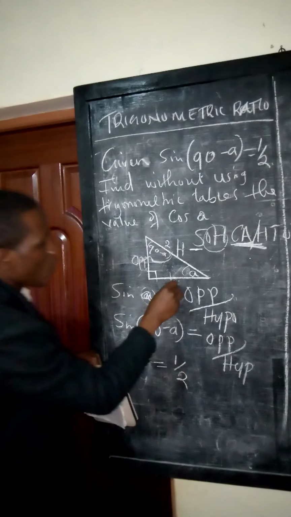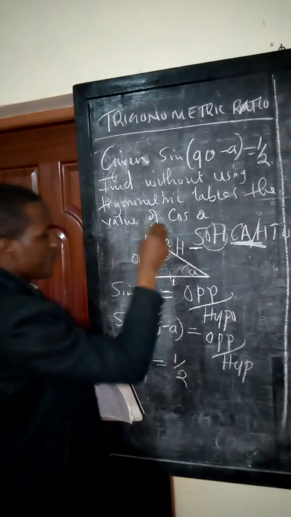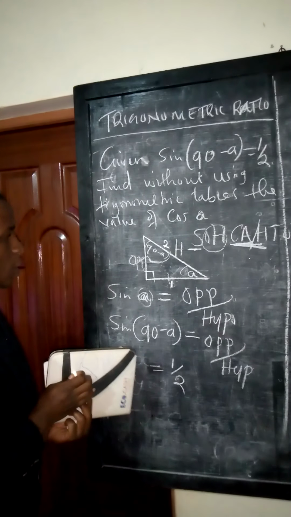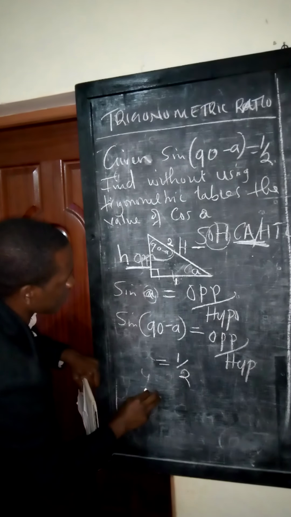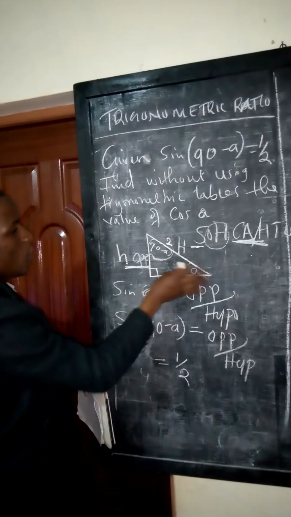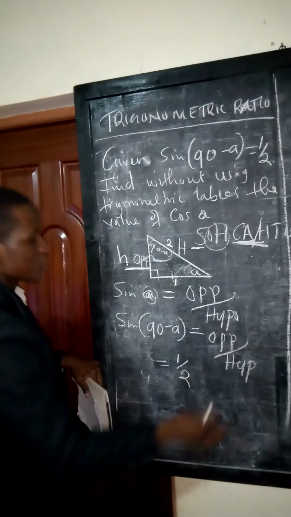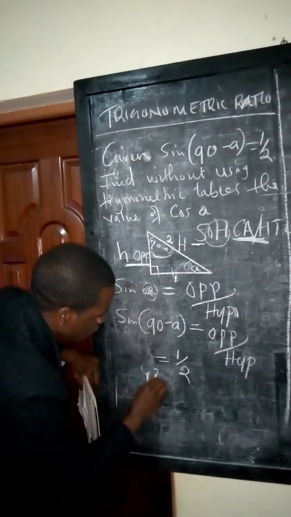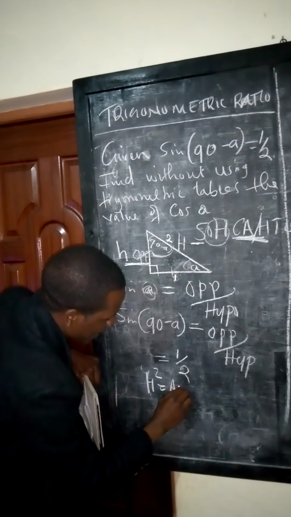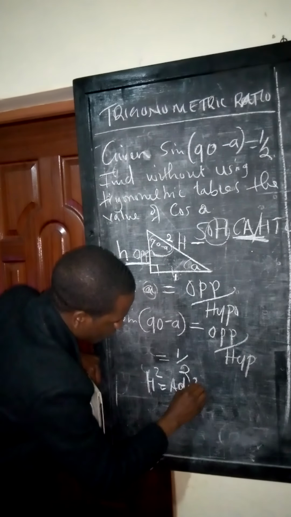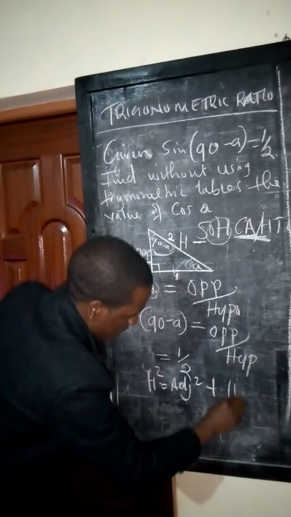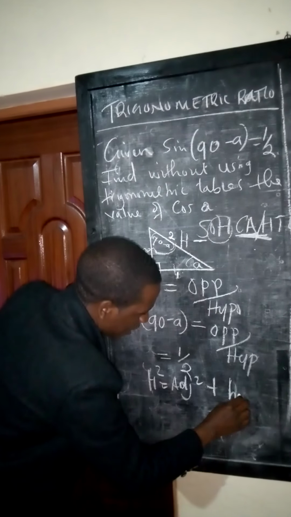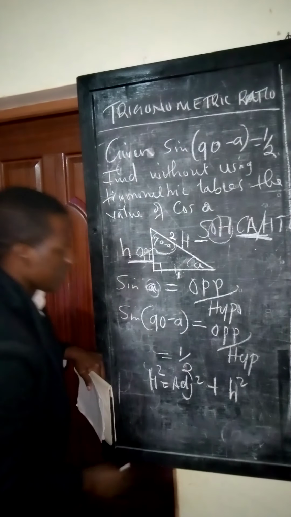So if this one is 1, this one is 2. What is the value of this height, which is opposite? Remember, this is a right angle triangle. Therefore, we use Pythagoras theorem, whereby hypotenuse squared is equal to adjacent squared plus height squared.